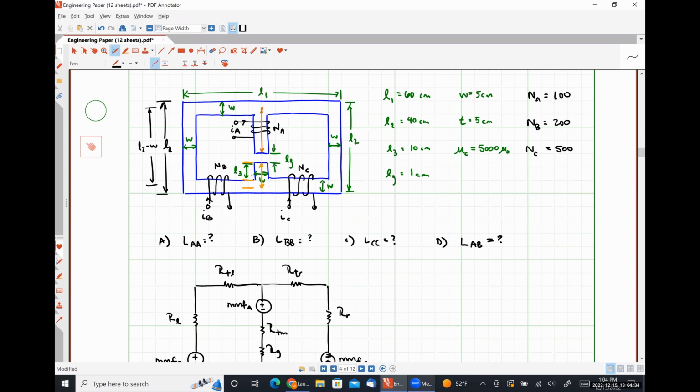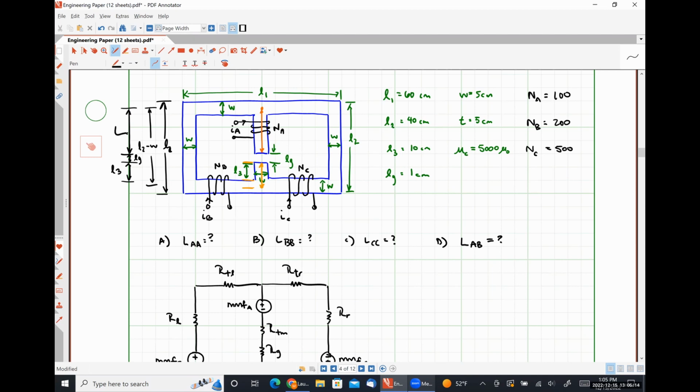Now, we have this L3 thing right here that's problematic as well. So we have this dimension, which is L3. When we were trying to find this dimension right here, this is our gap length, right?